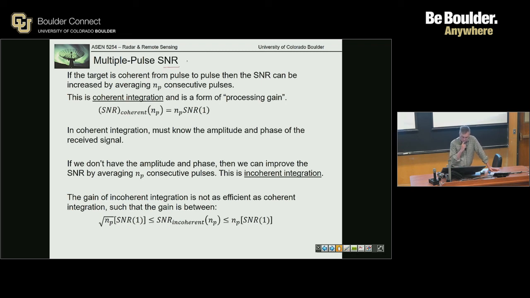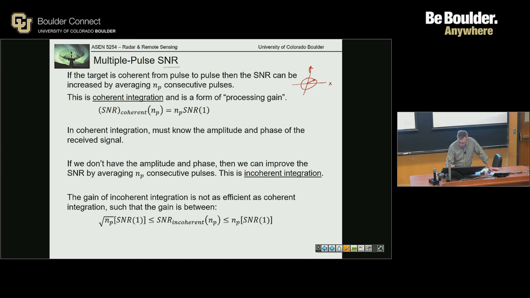We get into coherent integration. Coherent integration, we have to go back to our unit circle. So we have X and Y. If you were to have a sample that's on this unit circle, you can get its X value and its Y value.